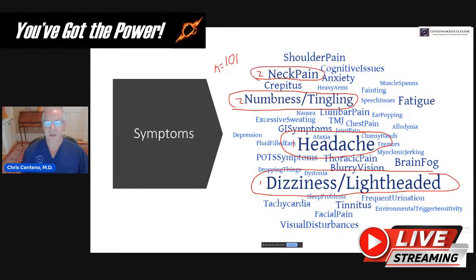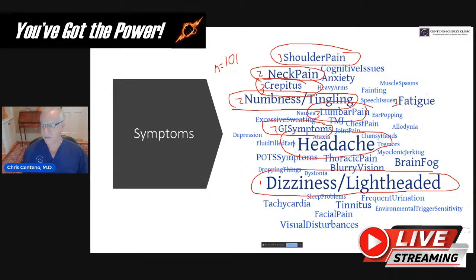Then we get into the third tier symptoms. And so now we're going to be at things like less commonly reported shoulder pain, cracking, which is crepitus. So that's going to be a third tier symptom. GI symptoms, a third tier symptom. Lumbar pain, a third tier symptom.